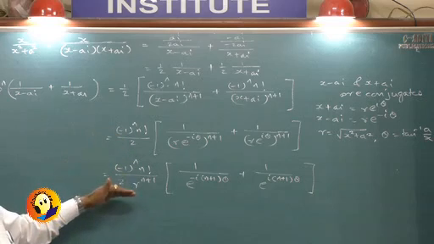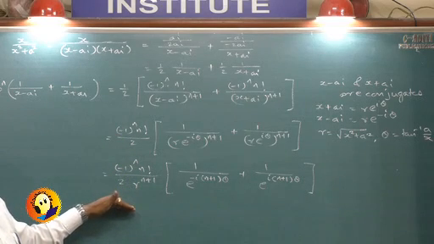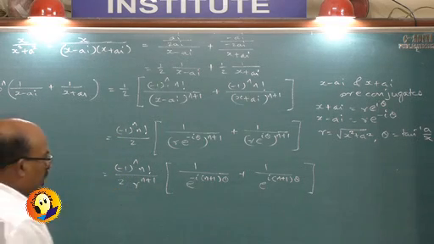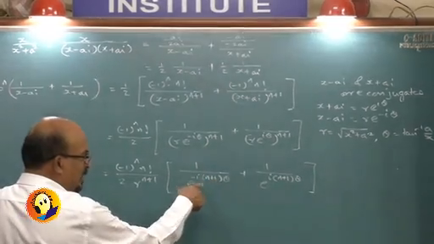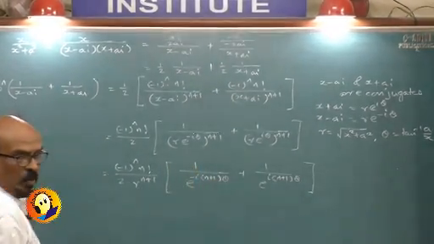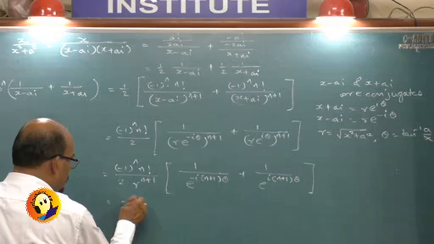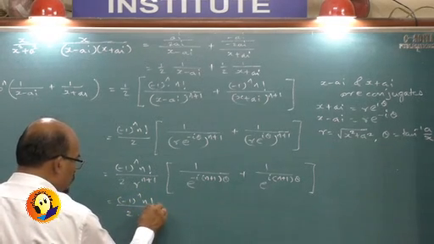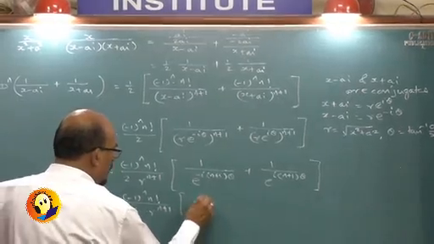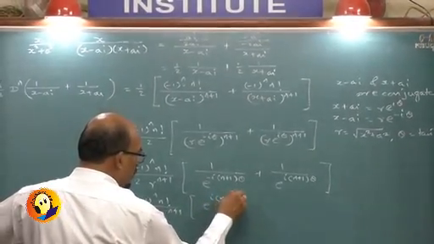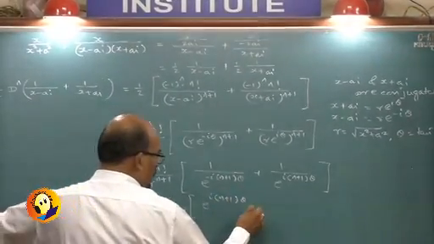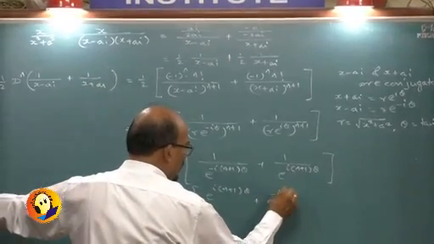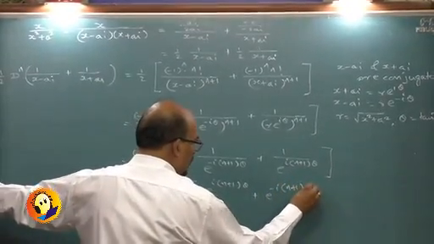So this will require less steps than the previous one. This will be faster. And now we don't take LCM, we just revert their powers. So this becomes minus 1 raised to n factorial upon 2 into r raised to n plus 1. It will be e raised to i into n plus 1 theta plus e raised to minus i into n plus 1 theta.